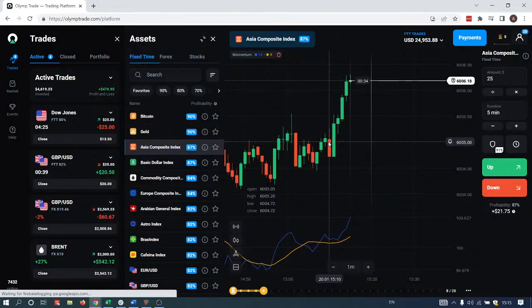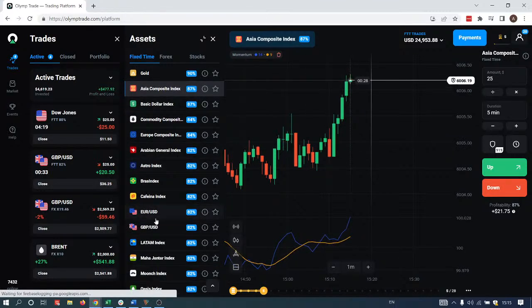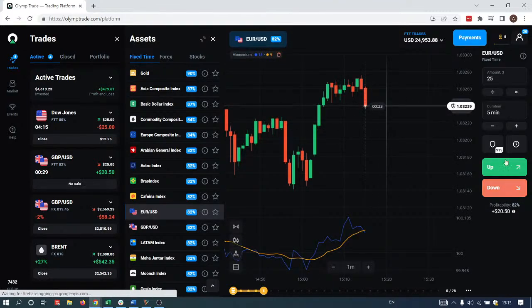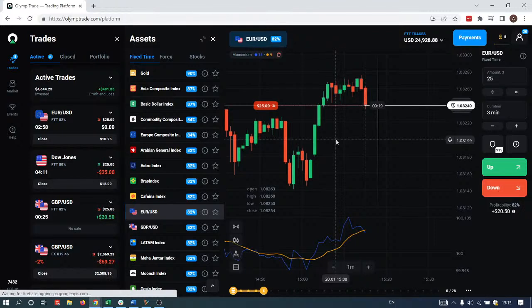So that was a kind of dangerous moment, but finally things have worked well. All right, and here is a signal on the euro against the US dollar, and the blue line crosses the orange line in the downwards direction.